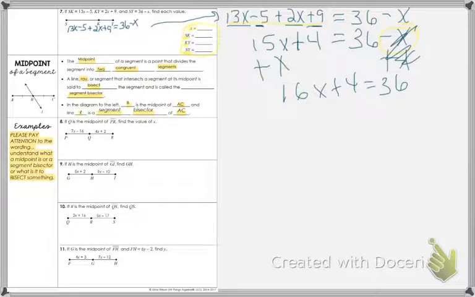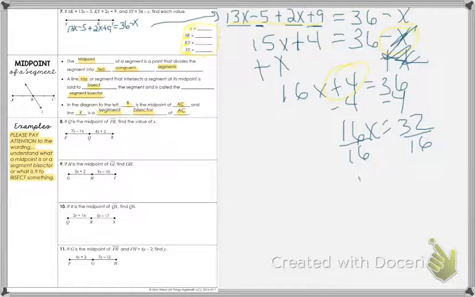I'm still not last yet. I'm going to move the 4. Minus 4, minus 4, and I get 16x is equal to 32. Division. Divide by 16, divide by 16. And I have x is equal to 2.